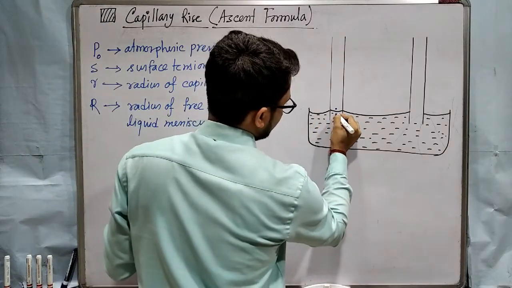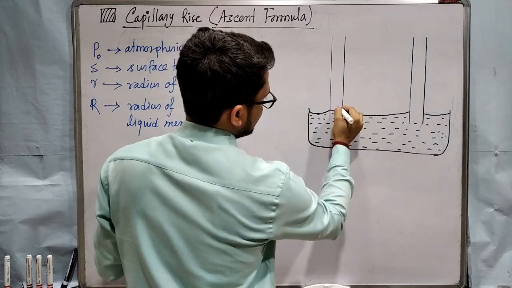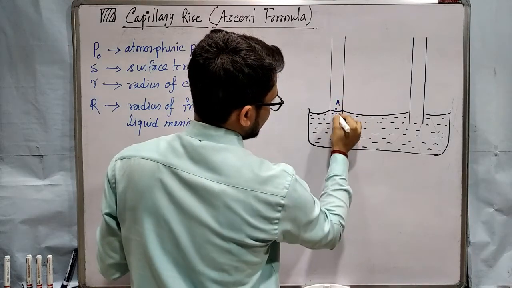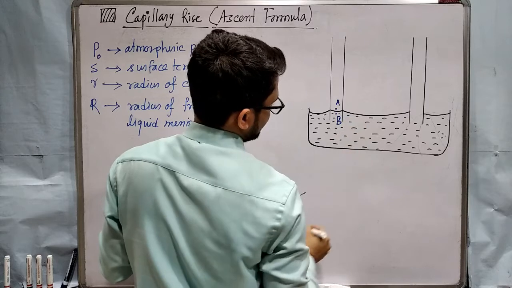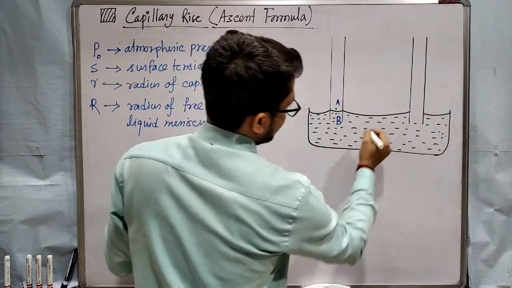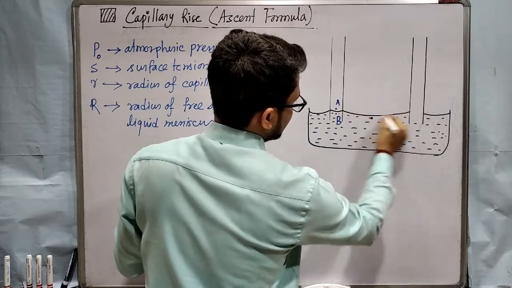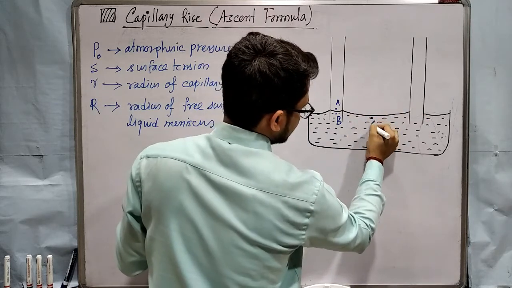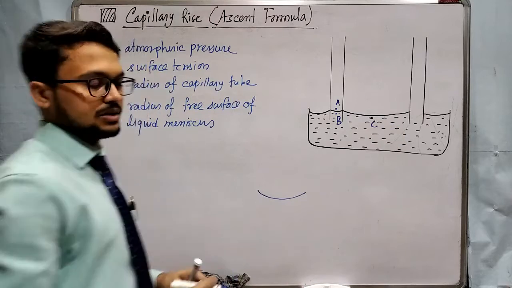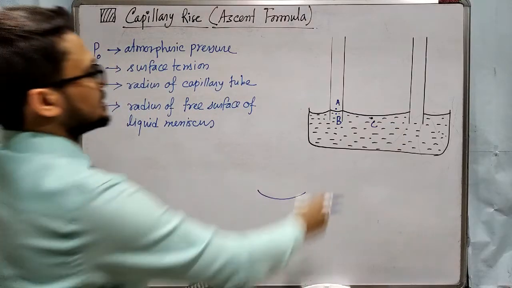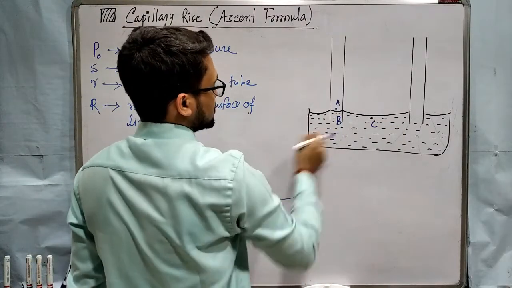And I am taking another point just below the meniscus. This point I name A, and this point B. Another point I am taking here, just below the free surface of the liquid, denoted by C. Clear? Now this end is open to the atmosphere.